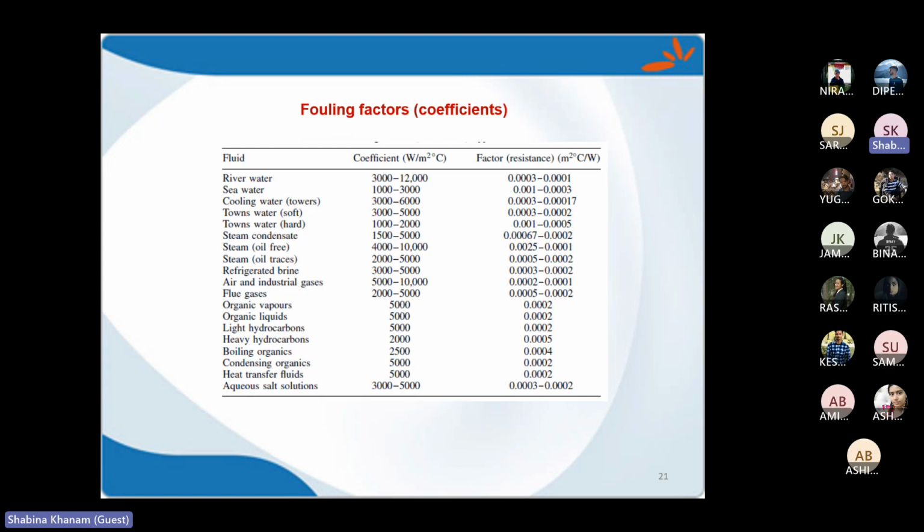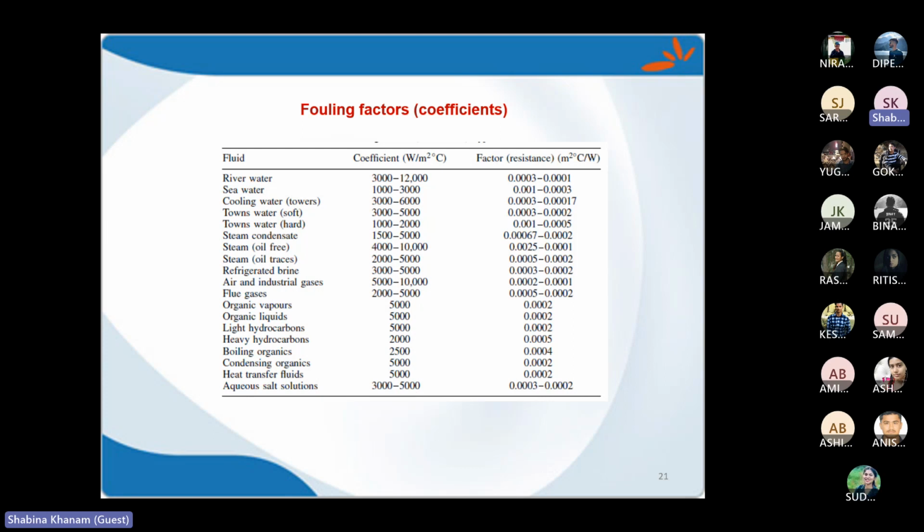In Q equal to UA delta T, we are discussing how each parameter will be counted in designing, and how U will be counted. U is the combination of five different terms, and each term depends on some geometrical parameters which depend on the area.